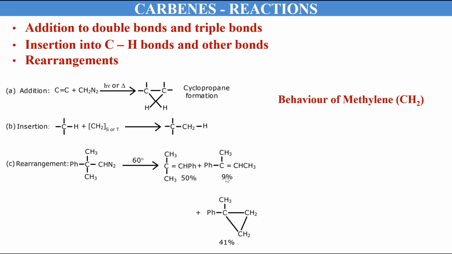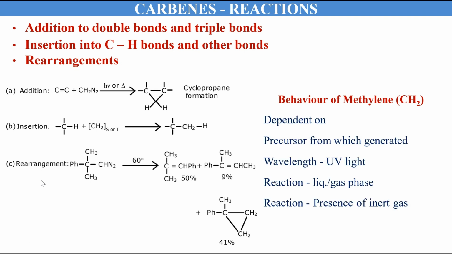Here, this methylene, the carbene which is formed, whether it undergoes addition reaction or insertion reaction or rearrangement reaction depends upon various factors. It depends upon the precursor from which the methylene or the carbene is generated.